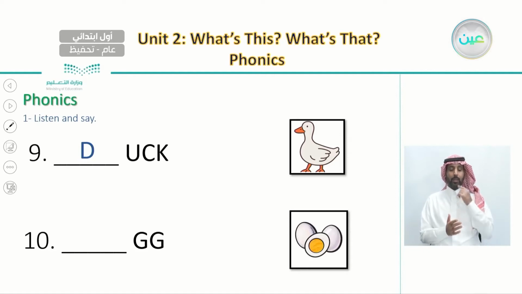Number 10, E say egg. So here, letter E, we add it to this word, we pronounce it as egg. Egg. So this is an egg.